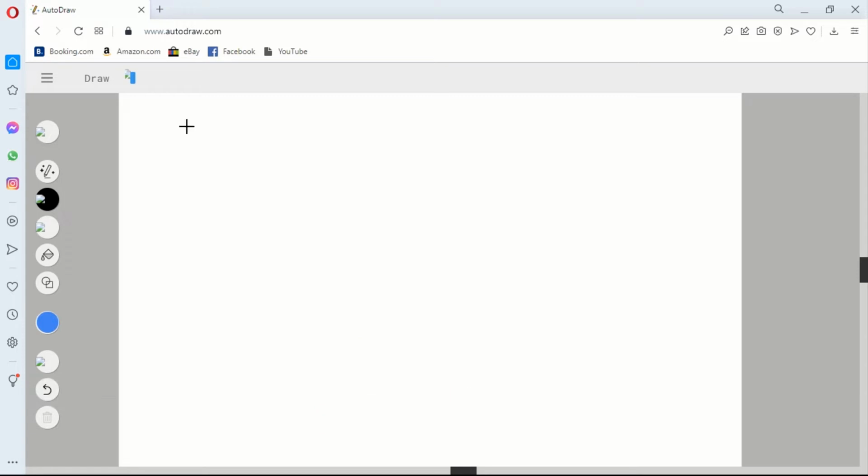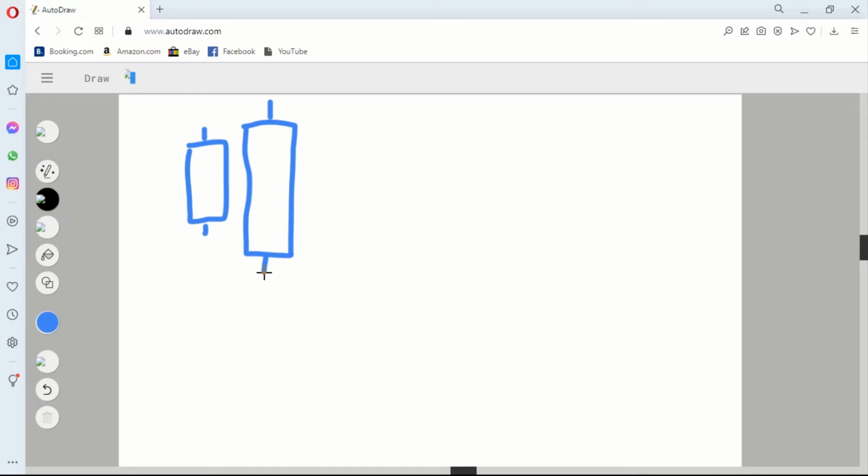In identifying bearish order block, which is always located at the premium level, assuming this is our bullish candle, and you also have our bearish candle. In identifying bearish order block, it is the last bullish candle before the downtrend.